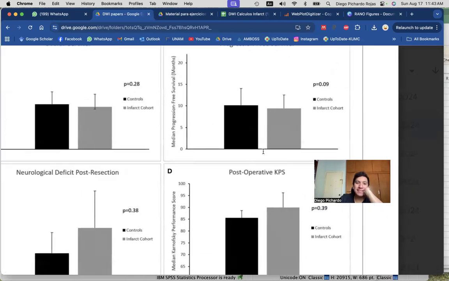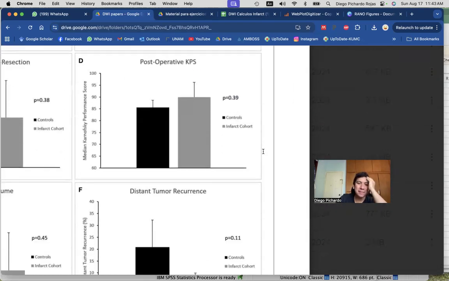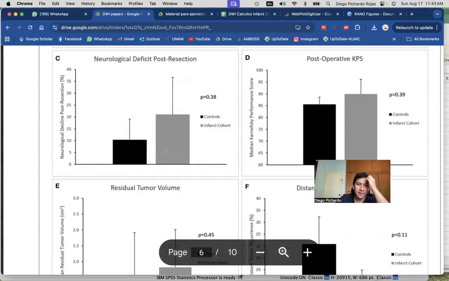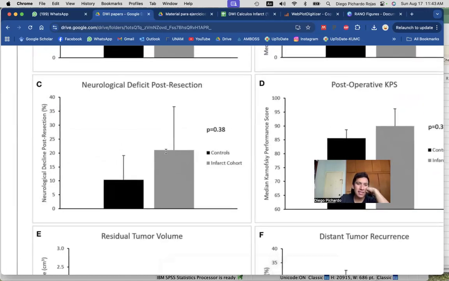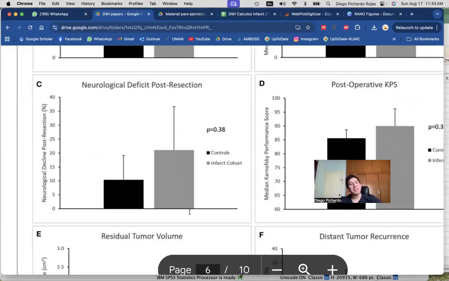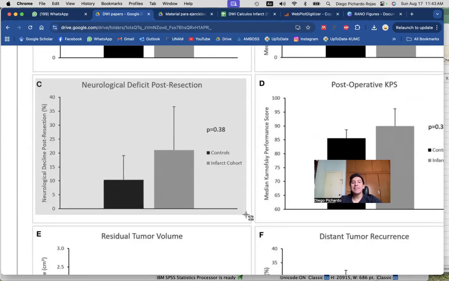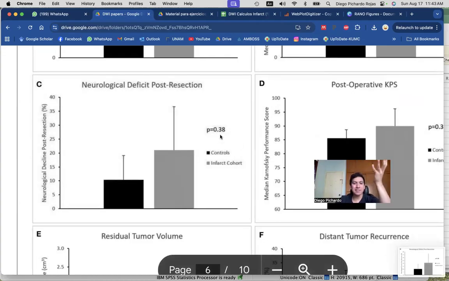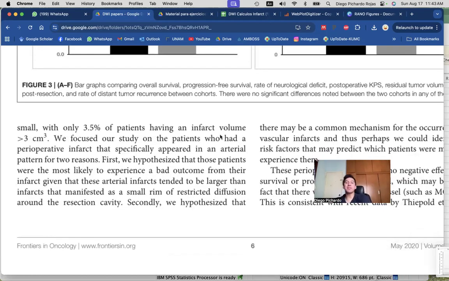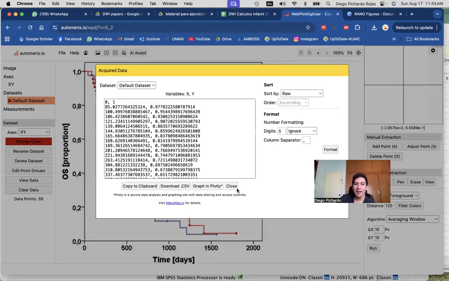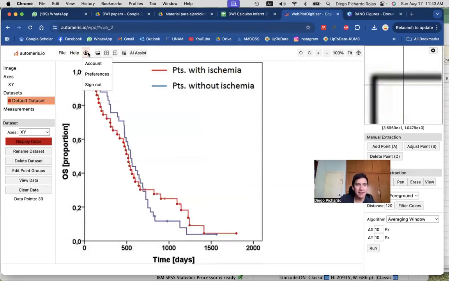There have been cases where, as an example, this is neurological deficits, and they just tell us, oh, it's a different rate. And it's like, dude, what do you mean there's a difference? What are the numbers? We're not gonna tell you guys, we're just gonna put the p-value. So in those cases, it's also useful to use this same software.